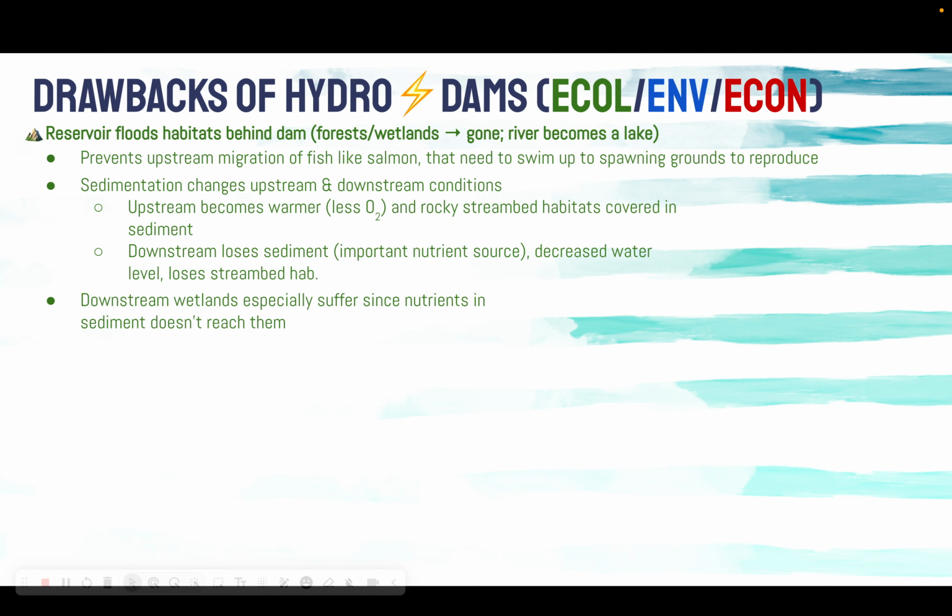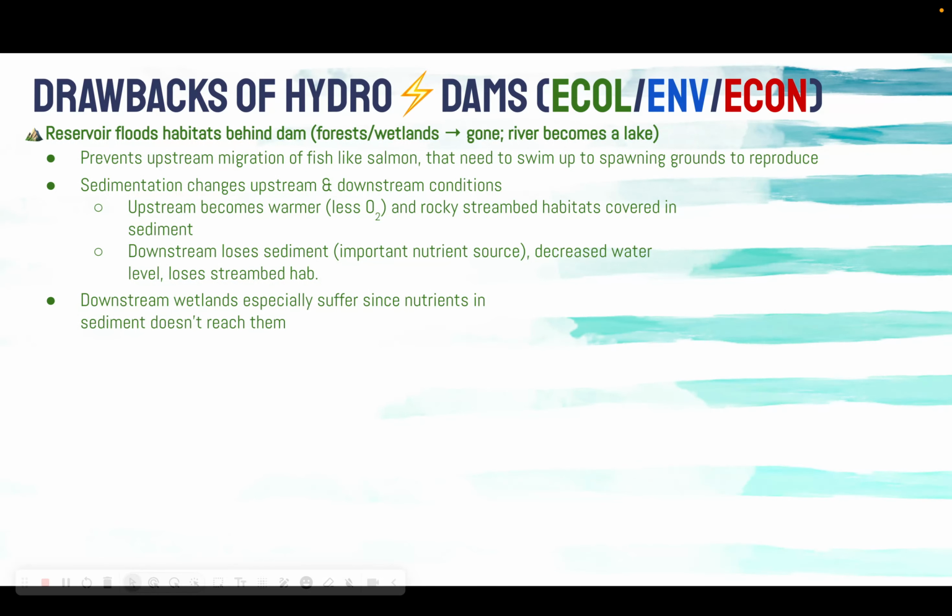Sedimentation can also occur within the stream, because sedimentation is just a natural thing that happens in river ecosystems. Sediments are carried downstream, and now you have a dam there, so you can imagine the amount of sedimentation that builds up on that side of the dam.